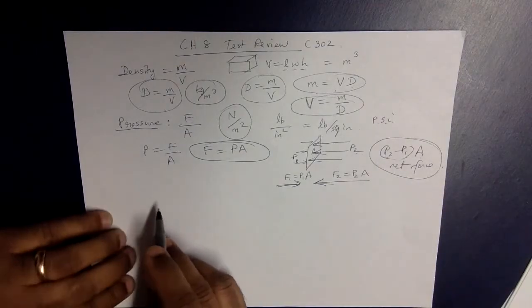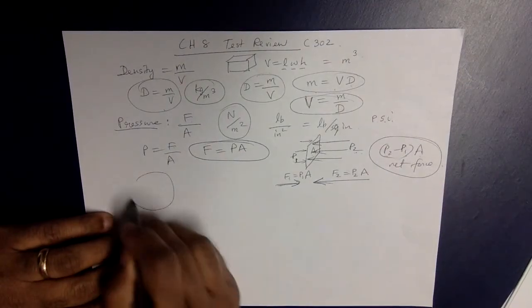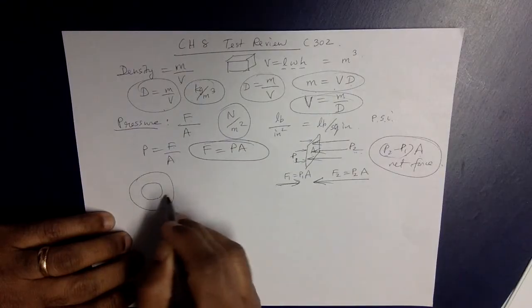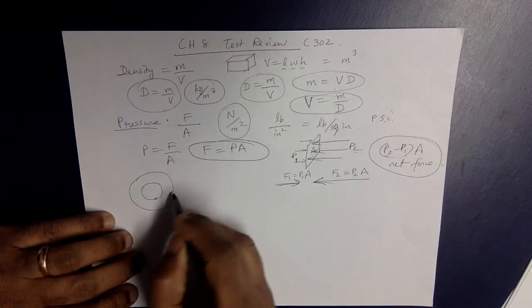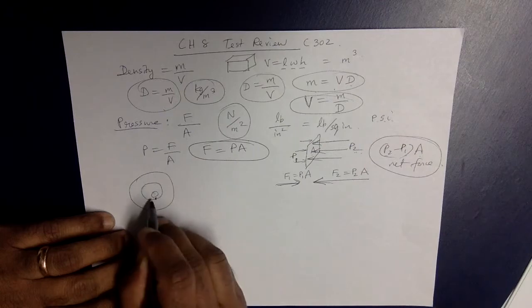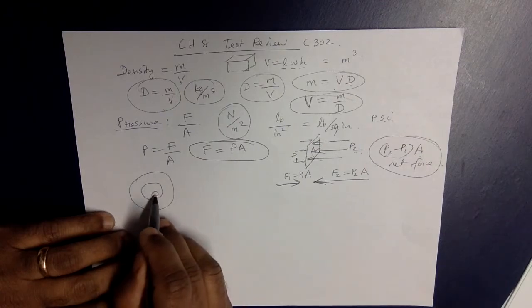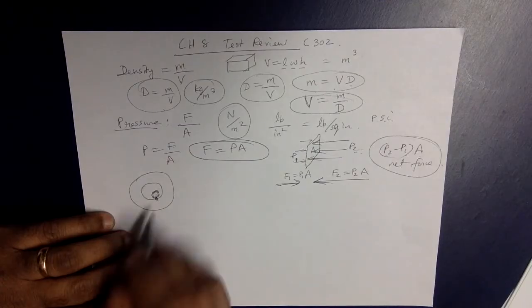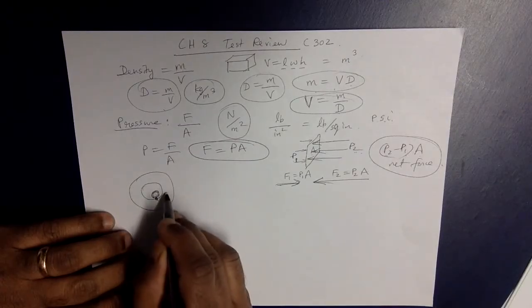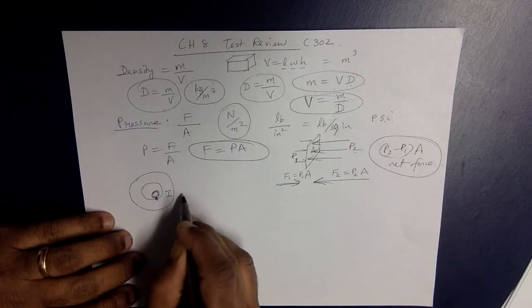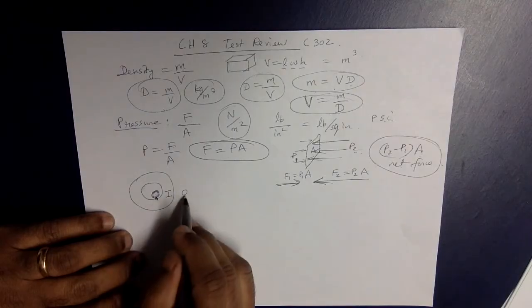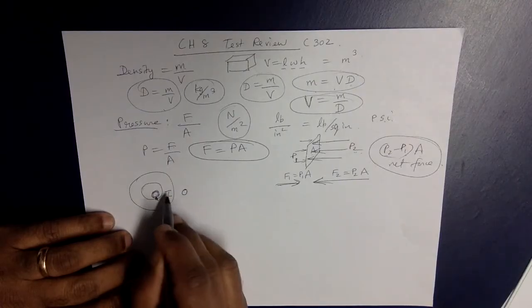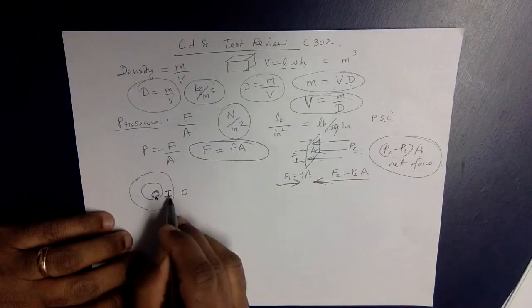Okay, and then we went over the tire pressures. The tire pressure, what the gauge reads is called the gauge pressure, which is the difference between inside and outside. Outside is normally the atmospheric pressure, but inside is the absolute pressure.